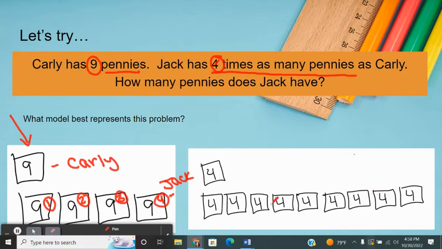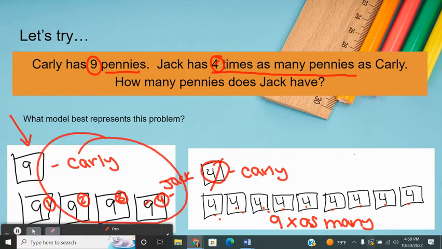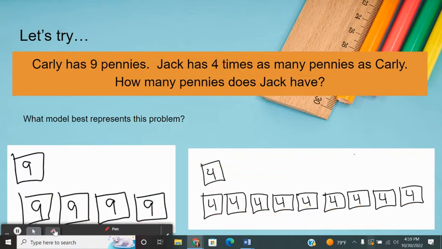This model doesn't work because this would have to represent Carly, and Carly does not have 4 pennies. She has 9. And this is 1, 2, 3, 4, 5, 6, 7, 8, 9. But it does not say that this would be 4 pennies, 4 pennies, 4 pennies. It doesn't say that she has 9 times as many. It says that she has 4 times as many. So this would be the accurate representation.